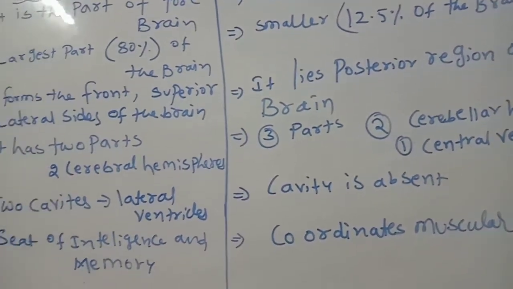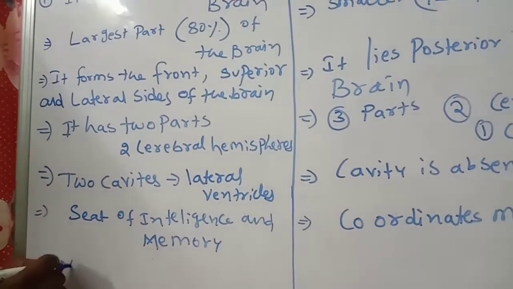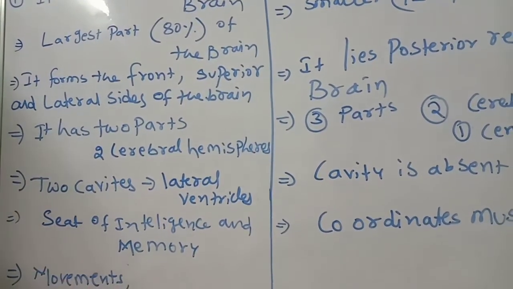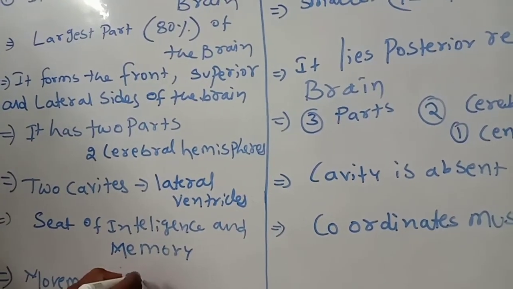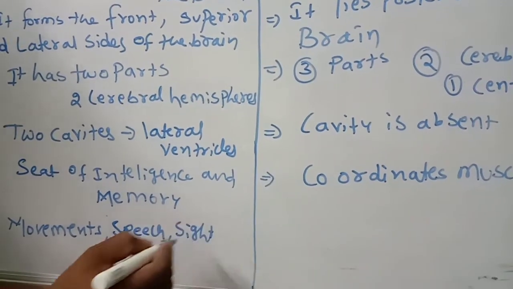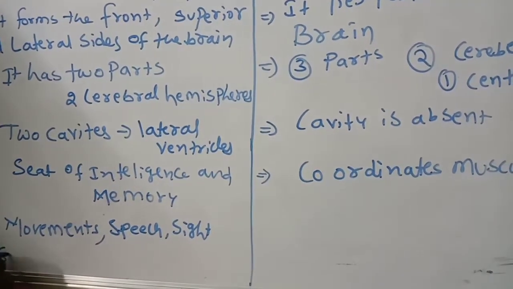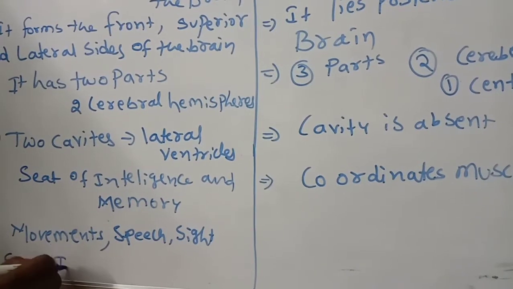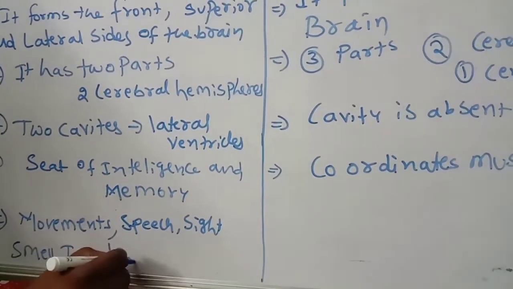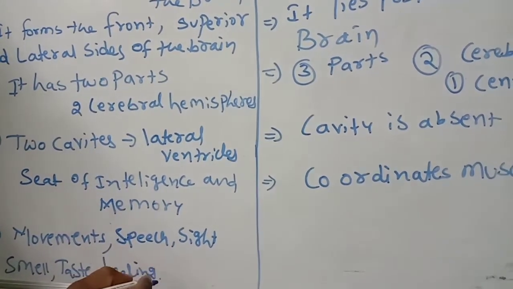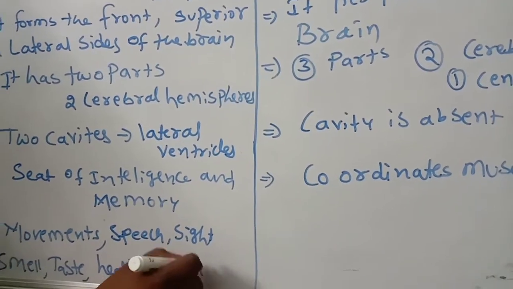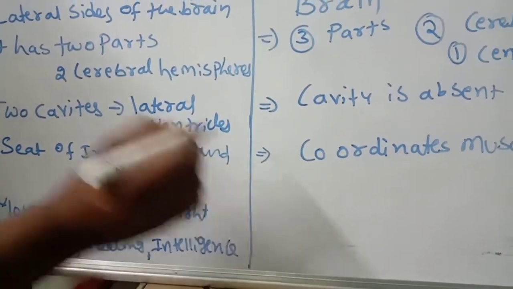Next one, the cerebrum controls the movements, speech, sight, smell, taste, hearing, and intelligence. This point you should remember.